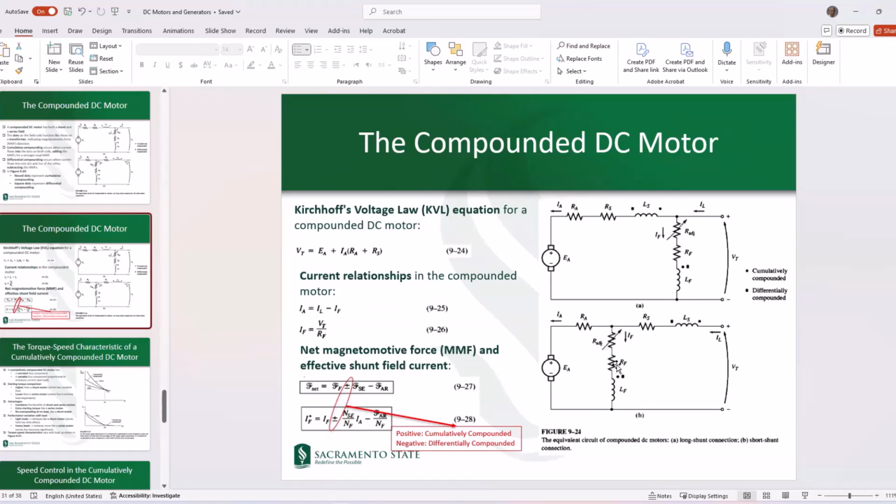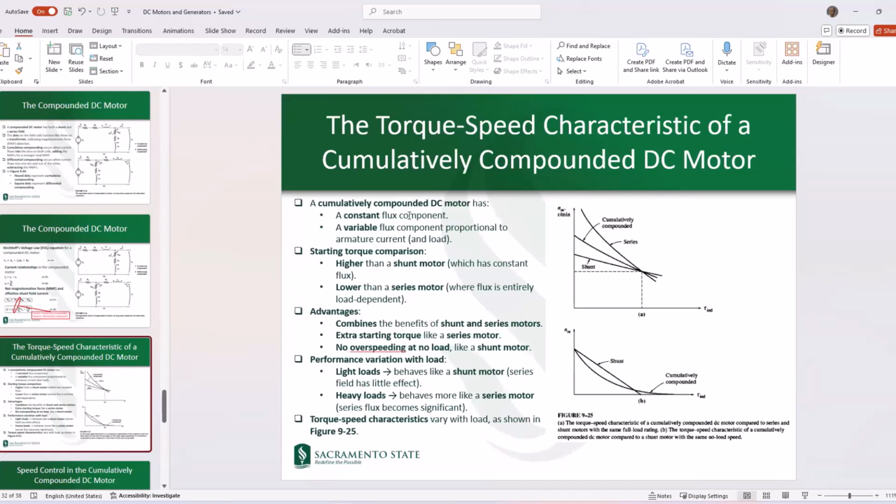Here also it's the same thing, because RS is relatively small, so this voltage drop is relatively small, which means that VT would practically fall on the terminals here. And this IF is almost constant, unless, as I said, you change that resistance. So that constant flux component is associated with the shunt circuit.